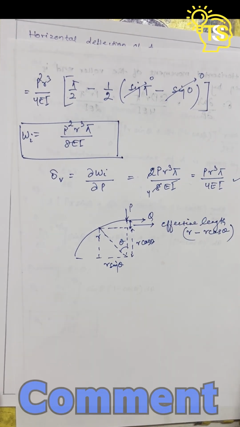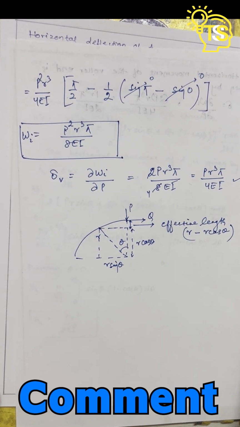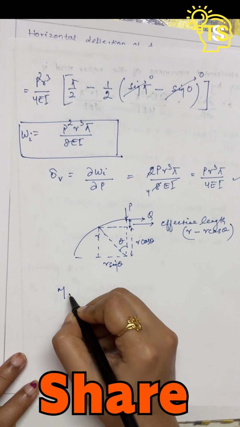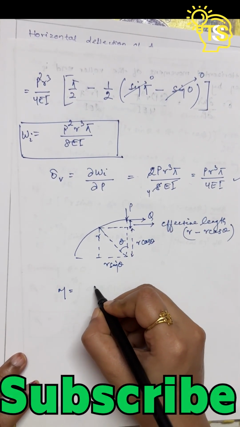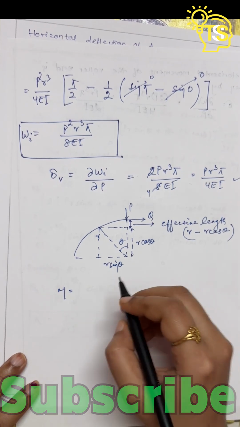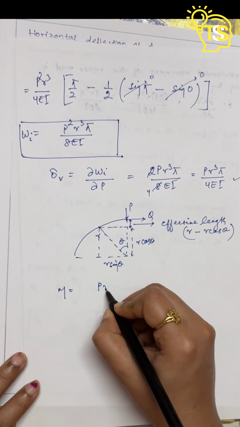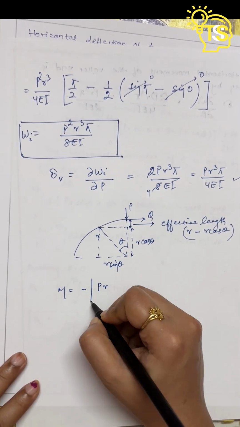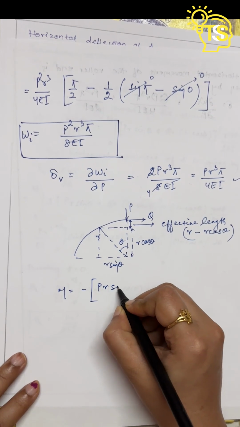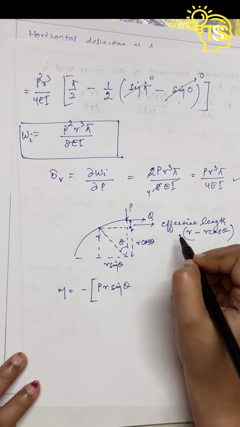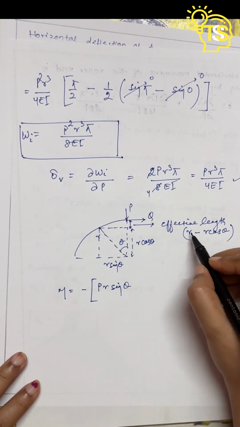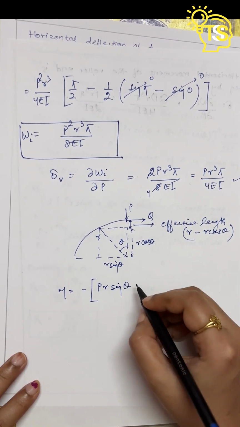Now let's calculate the moment for horizontal deflection. The moment will be P into R sin theta. It is in anti-clockwise direction. Now Q into effective length, that is R minus R cos theta.